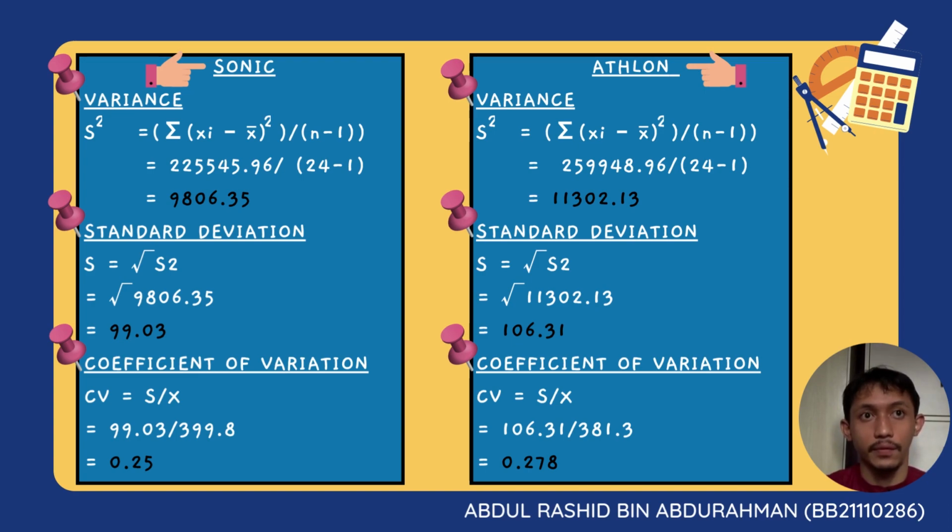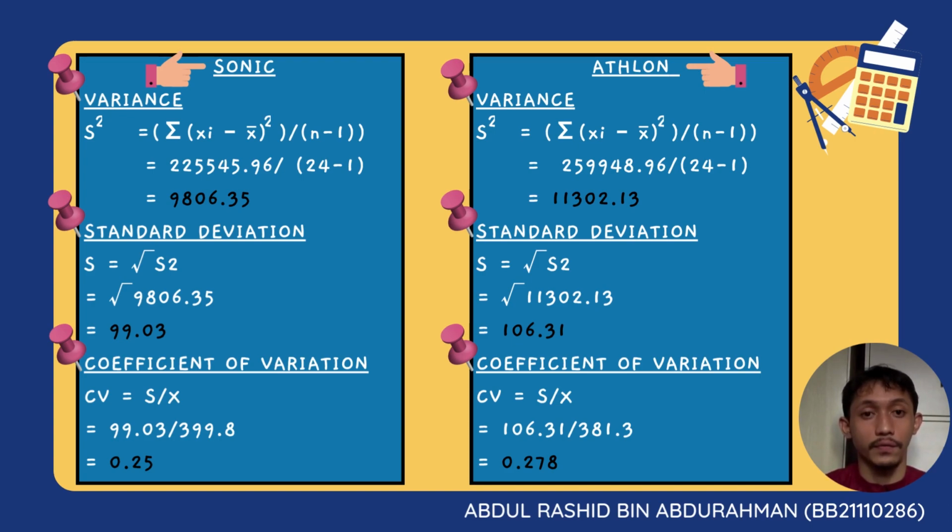The answer for the variance of Sonic is 9,806.35. For the standard deviation, we square root the variance for Sonic, 9,806.35, and we get 99.03.